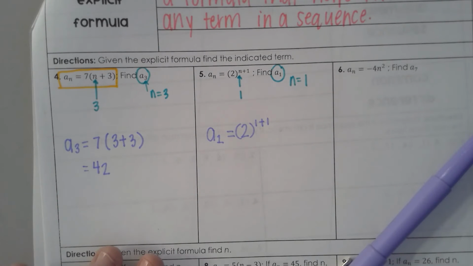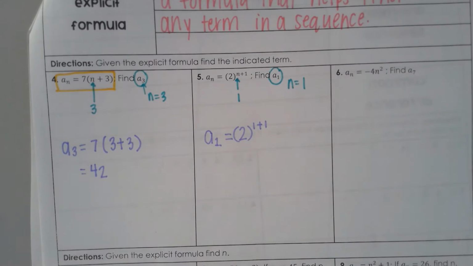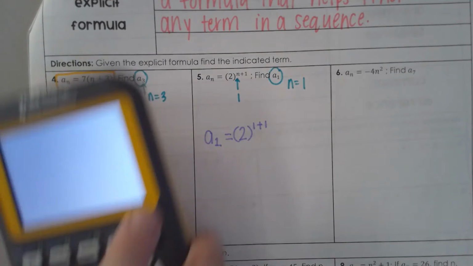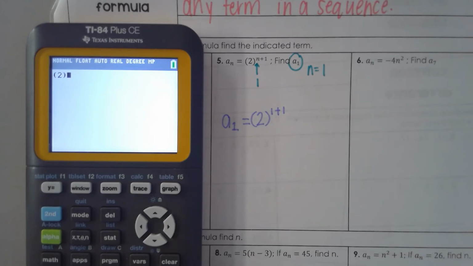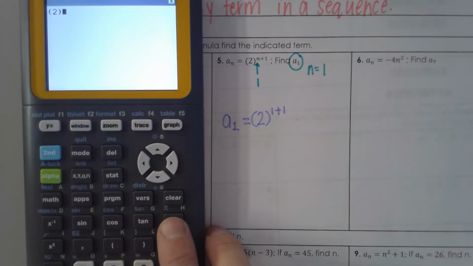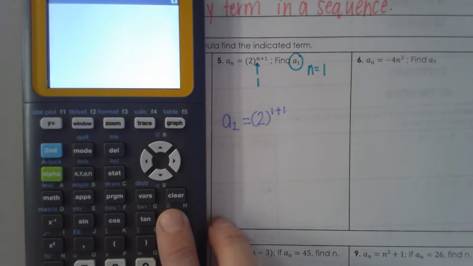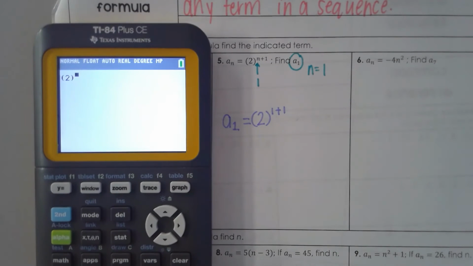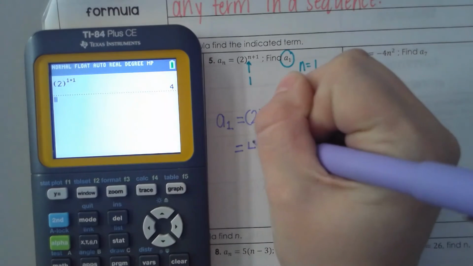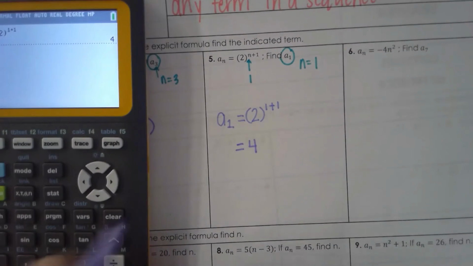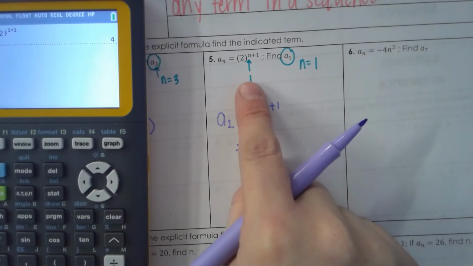What's that called? Exponent. So when you type that in, make sure you hit this little up arrow button right there to put it in the exponent. You've got to be watching out and paying attention to that. 4. Yep, we do get 4. So this means that the first term in the sequence is 4.